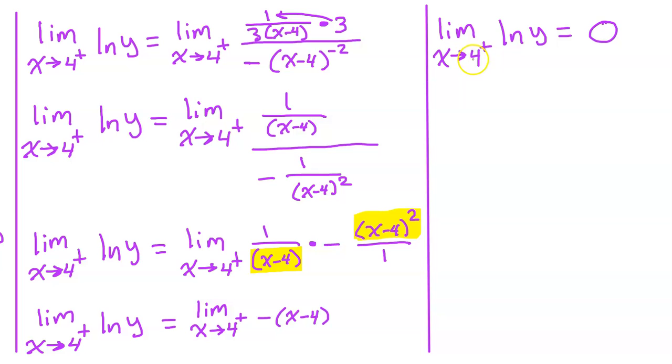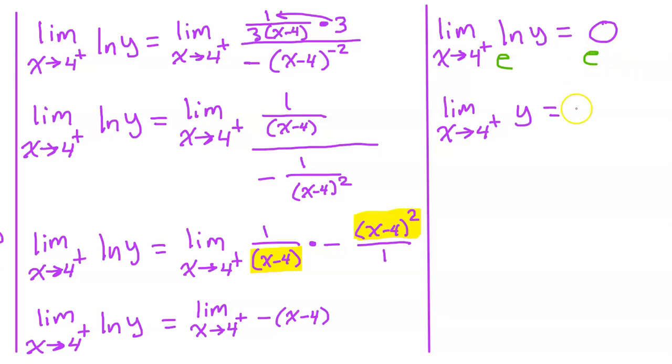But remember, we don't really want the limit of natural log y. We want the limit of just y by itself. So we can use that trick where we exponentiate both sides of this equation. And that gives us the limit as x approaches 4 from the right of y, because the base e and the natural log cancel each other out.